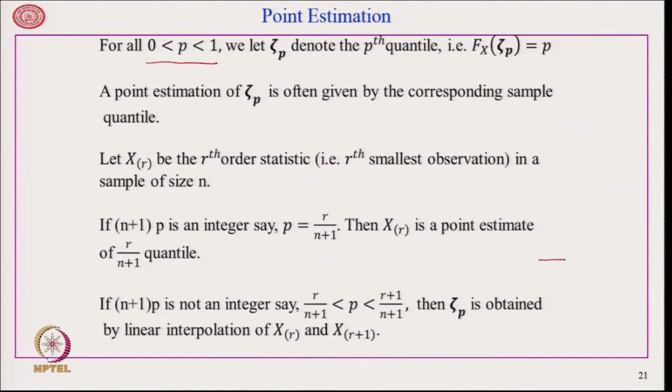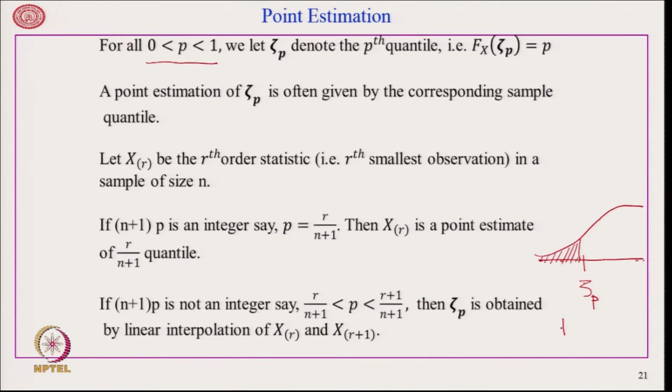So, suppose this is a distribution, this is the data, and suppose this is the F of x, which you know is the cumulative distribution function. So, this point is called zeta p if the proportion of observations less than this is p.